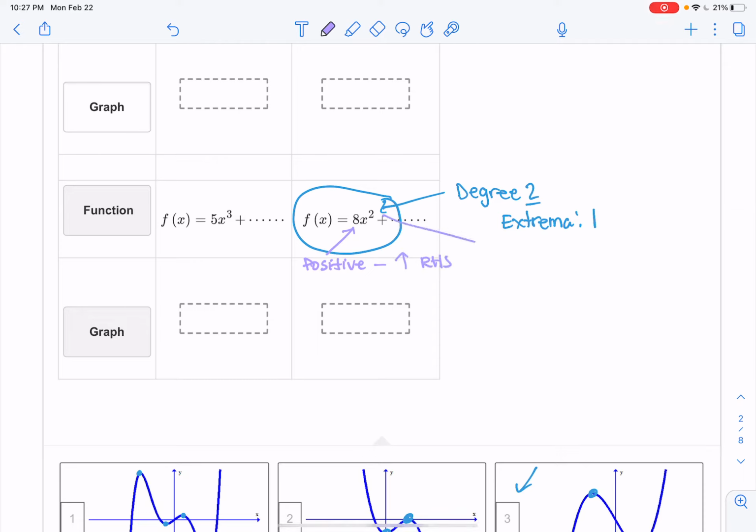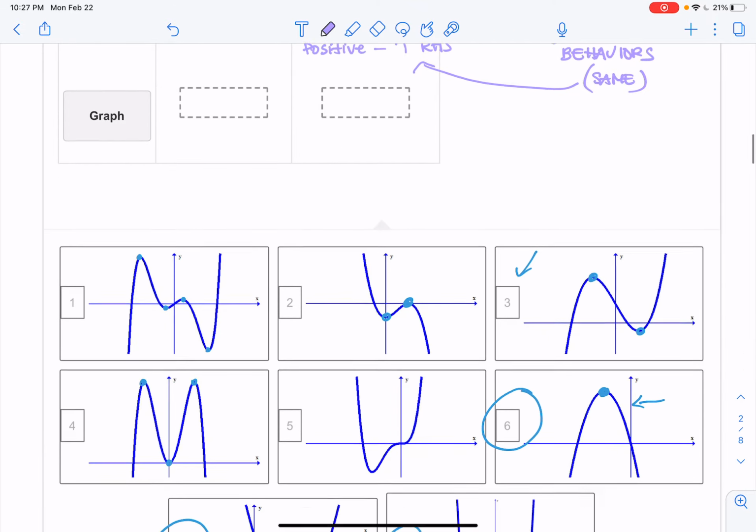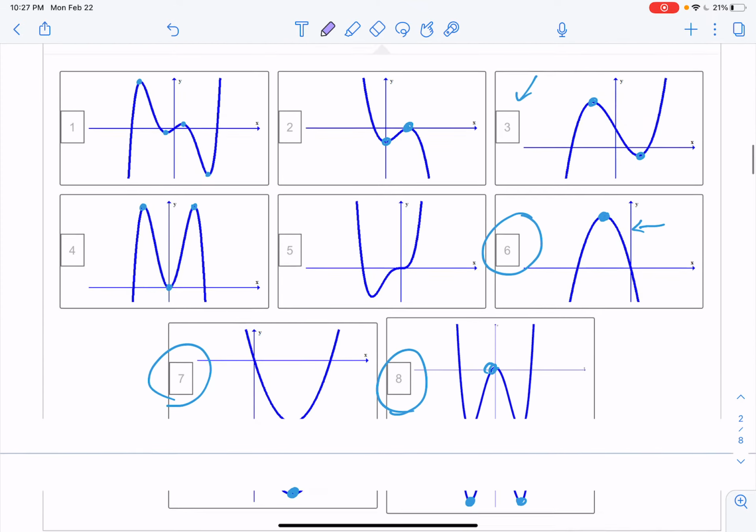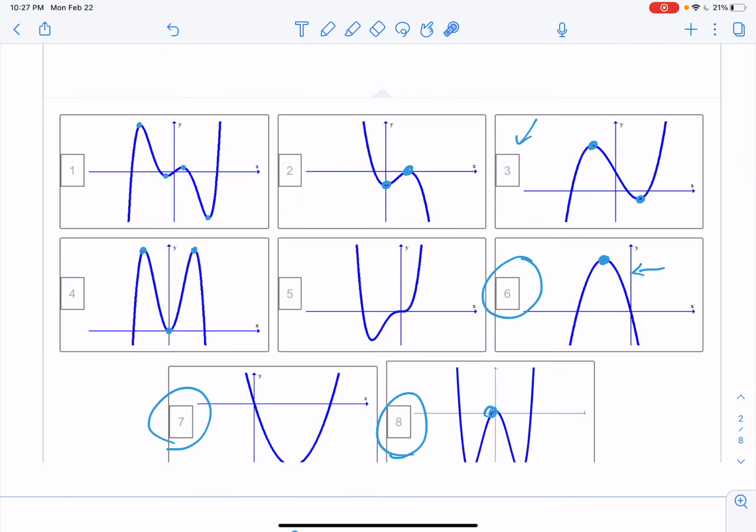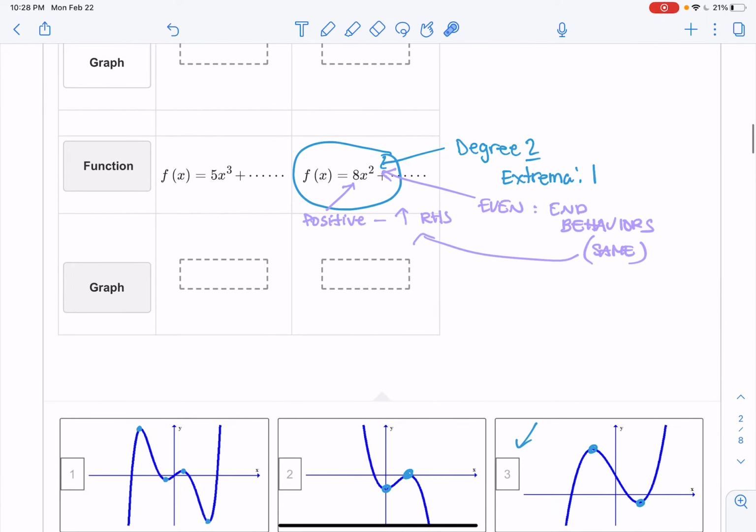And because this is also a 2, I know this is an even function. So that means my end behaviors are in the same direction. So the right hand side goes up, and the left hand side also goes up. So for this one, I would pick up this drawing and put it right here.